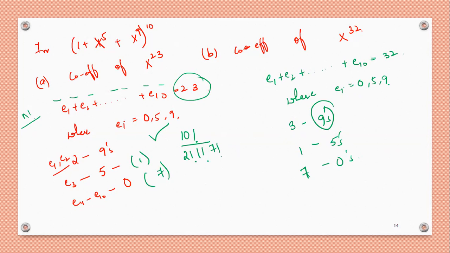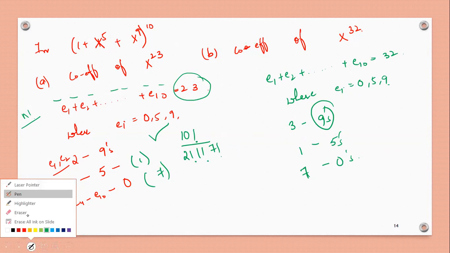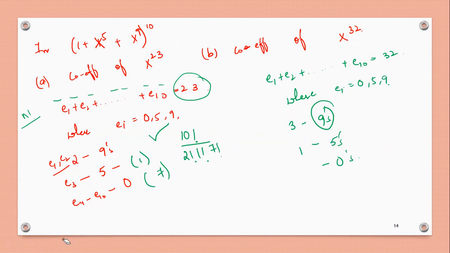Not 7, 3 plus 1, 4 blanks have already been filled. So we will have only 6 values. So all the rest 6 values are 0. What is the coefficient then? The coefficient will be 10 factorial by 3 factorial into 1 factorial into 6 factorial. So this is the coefficient of x power 32.